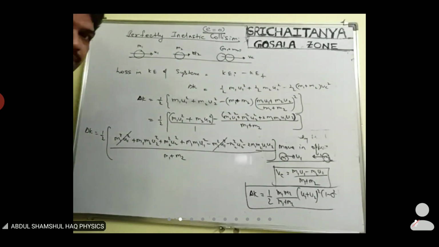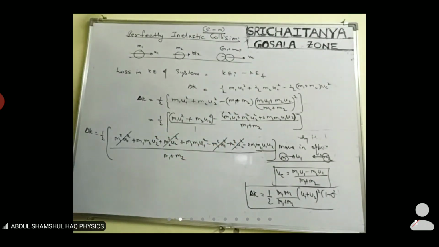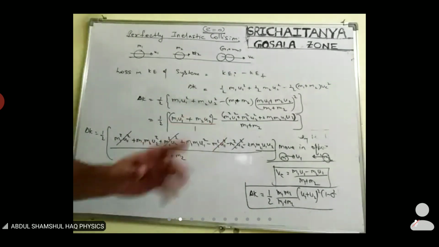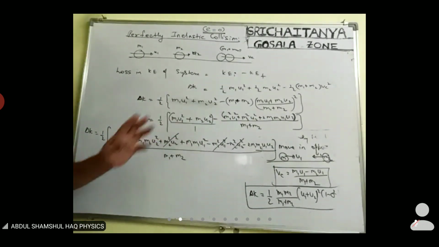Any other thing? m2 u2 square, m2 u2 square will also cancel out. Right, okay. Now tell me, in the remaining three terms, we can take out one thing as a common factor.